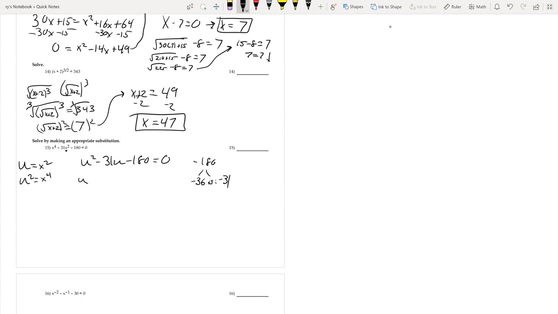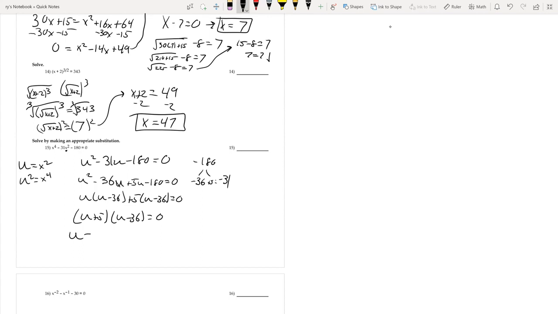So we have u squared minus 36u plus 5u minus 180 equals 0. Pulling out a u on the left side, u minus 36 plus 5, u minus 36. So we end up getting u plus 5 times u minus 36, which is equal to 0.